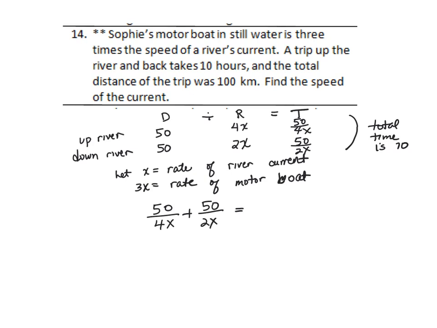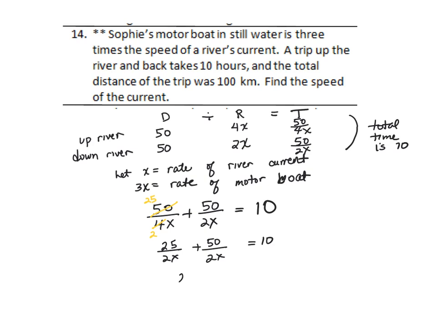All right, and there are various ways of solving this. We could multiply both sides by 4x, or you could divide one of the 2's in here. This becomes 2, and this would become a 25. We could simplify that fraction only because we want to get a common denominator. So we get 25 over 2x plus 50 over 2x equals 10.